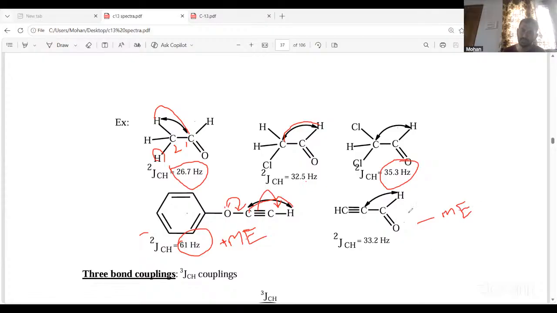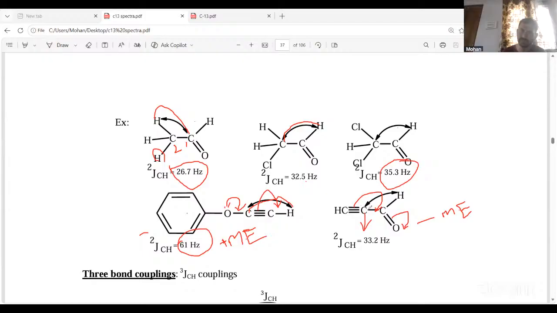It is decreasing the electron density on that particular carbon. Then what happens here? So due to the polarization of this pi bond on this oxygen, the electron density is going to decrease on this particular carbon because it is attracted towards this CO bond.